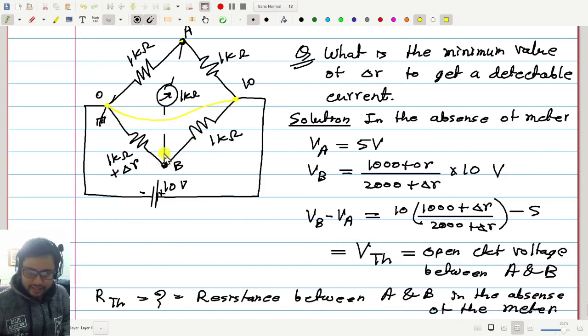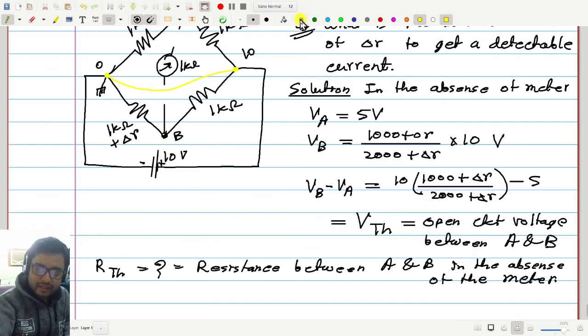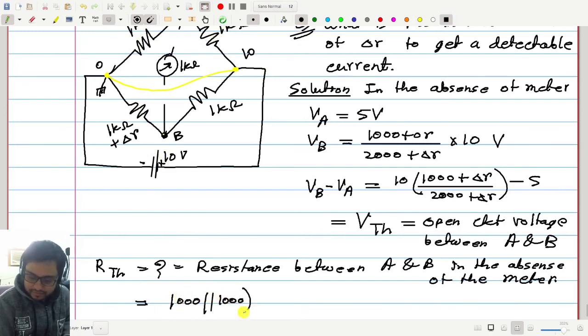So this is equal to 1 kilo ohm parallel 1 kilo ohm, 1000 parallel 1000, plus these two resistances in parallel, that is 1000 plus delta R in parallel with 1000.